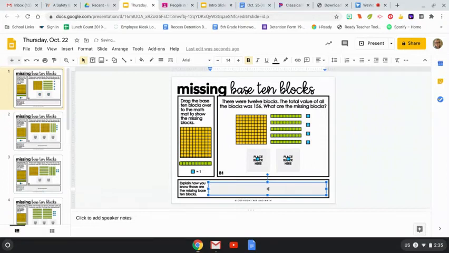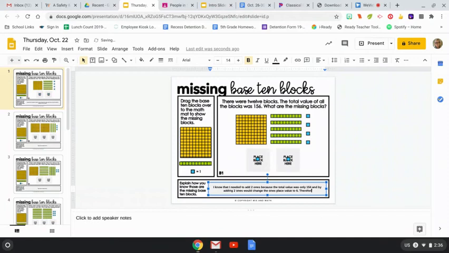So what I can say is I know that I needed to add 2 1s because the total value was only 154, and adding 2 1s would change the 1's place value to 6.